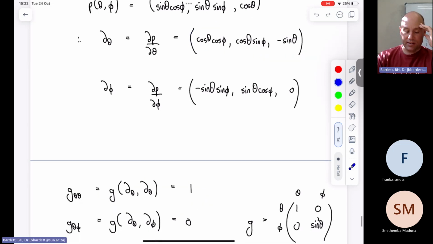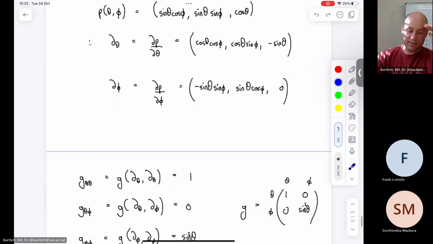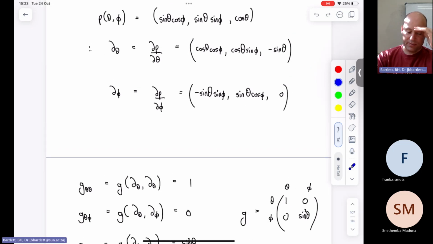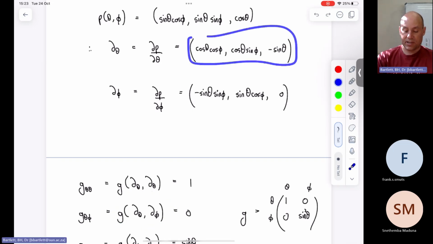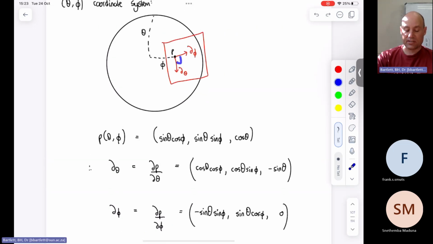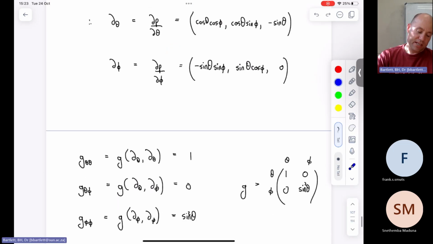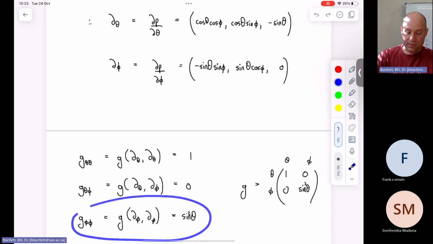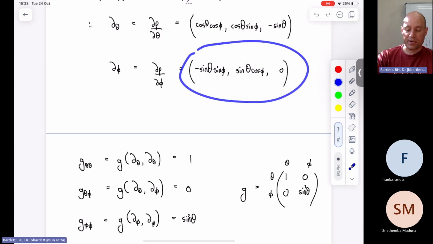Similarly, the inner product of del theta with del phi is 0, because this dotted with this is 0. You also see that from the picture. These guys are orthogonal to each other. And similarly, g phi phi, let's calculate it. I have to take the dot product of this with itself. So I'm going to get sine squared theta sine squared phi plus sine squared theta cos squared phi.